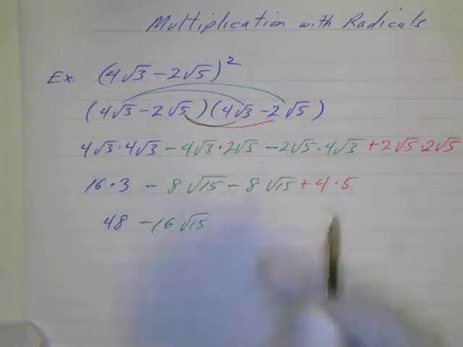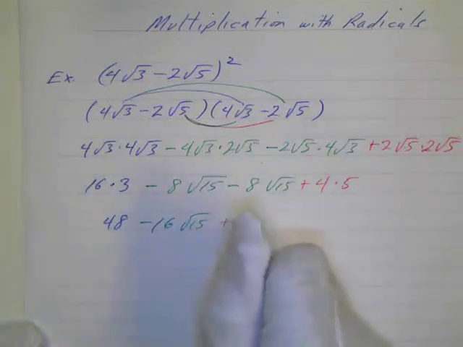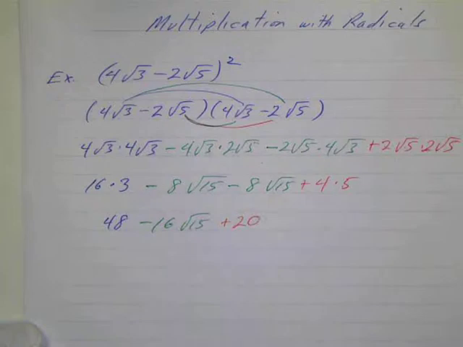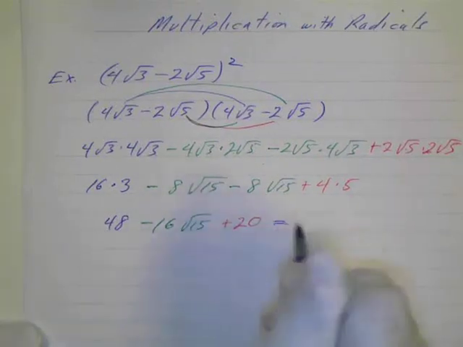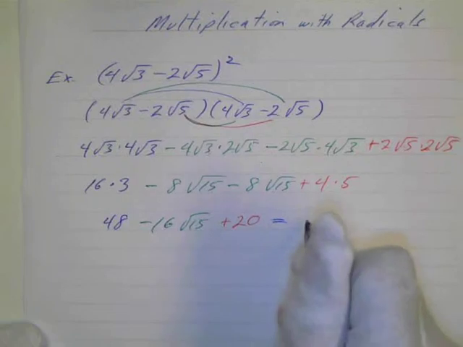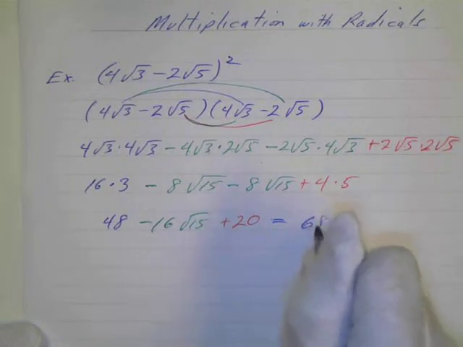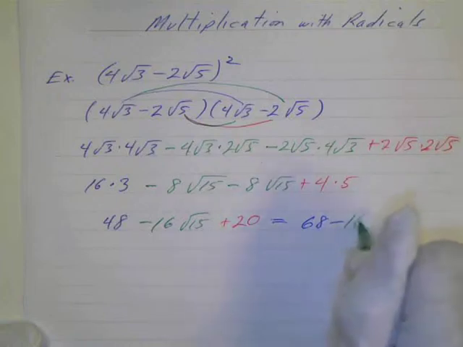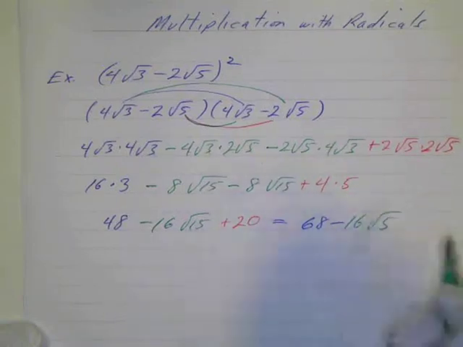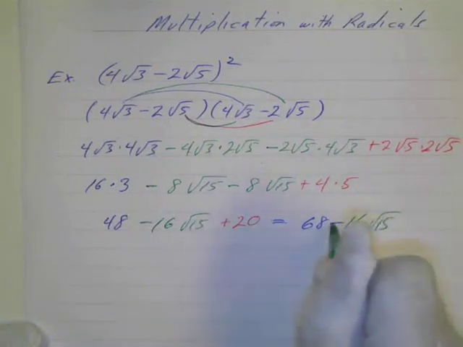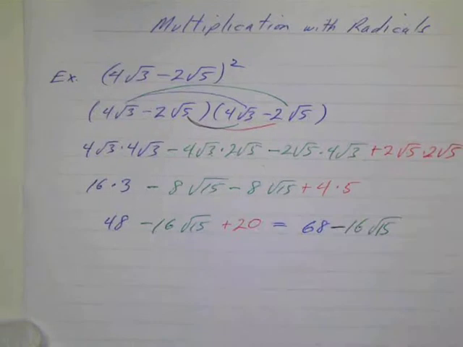And then 4 times 5 is 20. And then you're going to simplify your numerical terms. 48 plus 20 is what? 68. Minus 16 square roots of 15. There's your final answer.